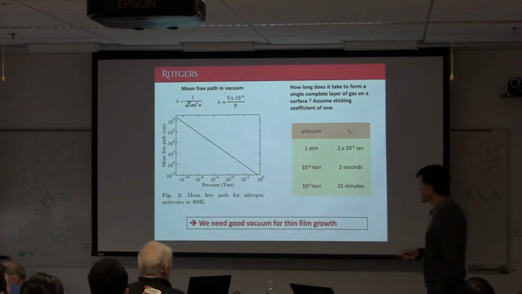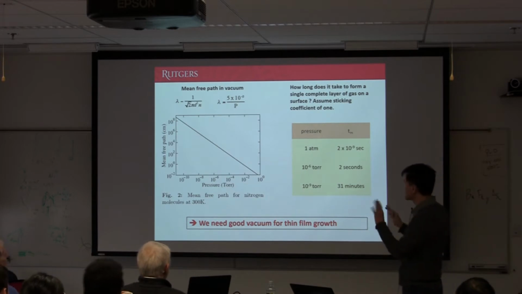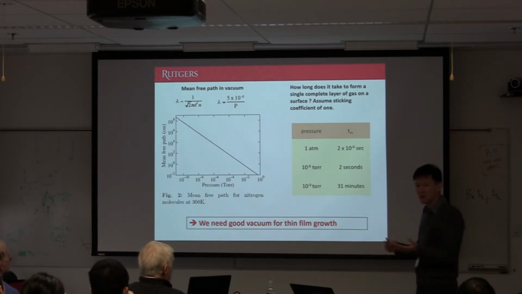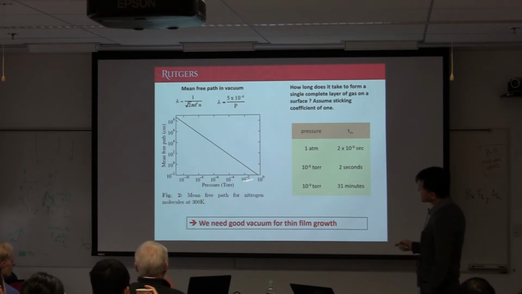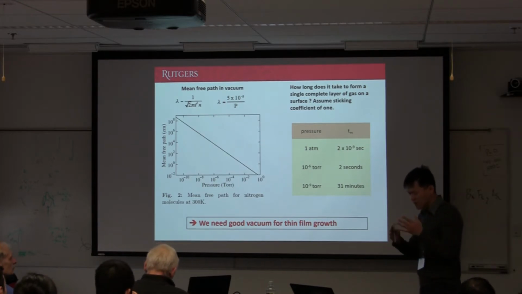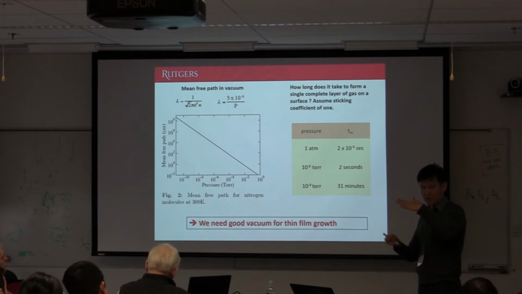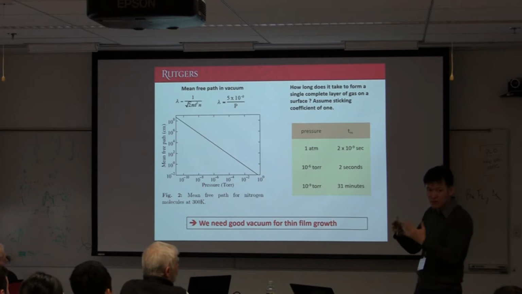So before I go into the MBE, I want to briefly go over just thin films. Probably many of these may be already covered, but I'll just go through this very quickly. You need very good vacuum, especially because the way MBE works is you want to deliver the source material directly to your substrate without going through much scattering.